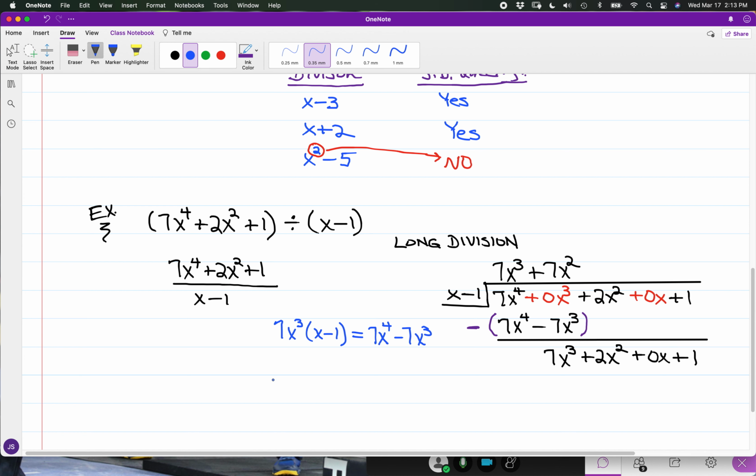Distributing, I have 7x squared times the quantity x minus 1, so we're going to have 7x cubed minus 7x squared. I line up the 7x cubed, and the minus 7x squared is lined up directly underneath the like term from the dividend remnant, which is 2x squared.